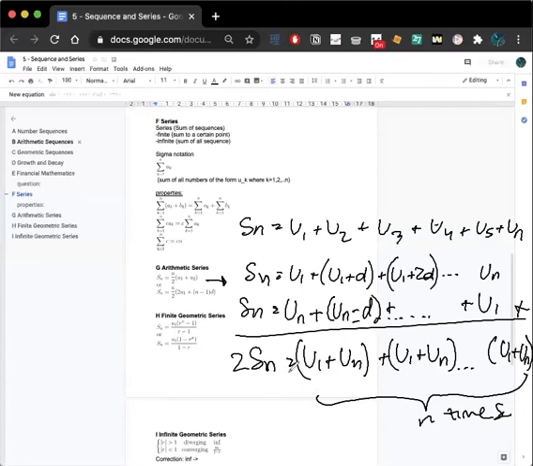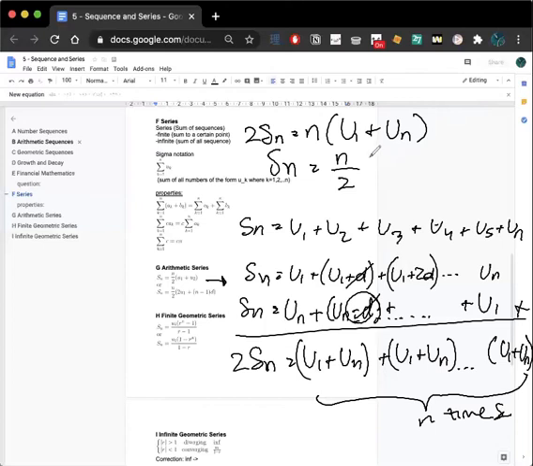Since it's the same thing repeated, you can condense this into 2Sn equals n times (u1 plus un). To find the formula, you move the 2, so it becomes Sn equals n over 2 times (u1 plus un). And that's how you find this formula.